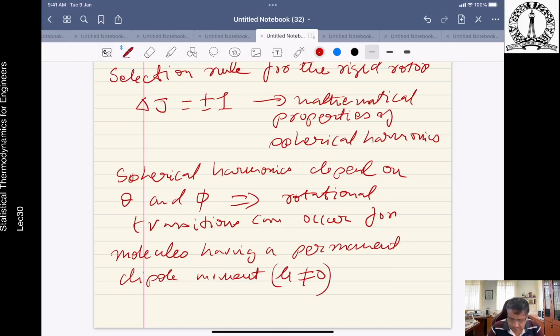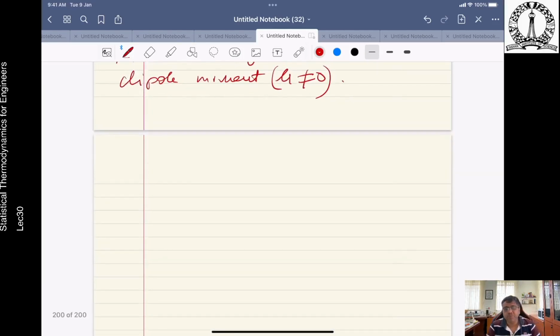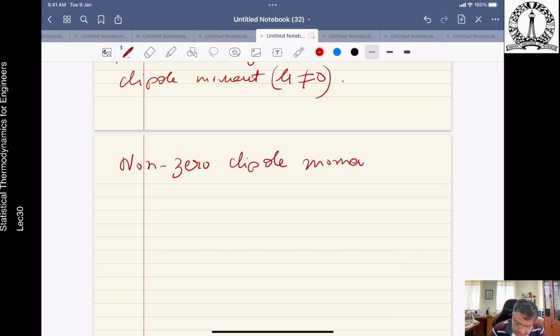A non-zero dipole moment is impossible for molecules endowed with spatial symmetry, because it will cancel out.